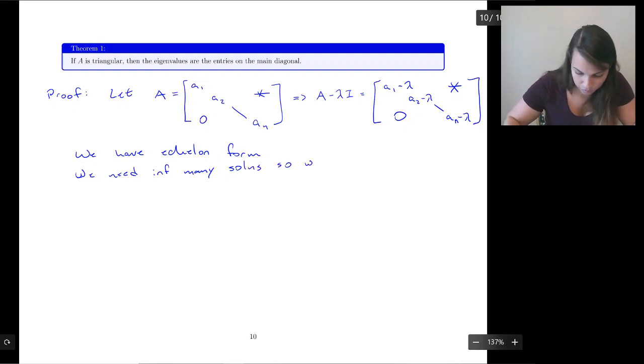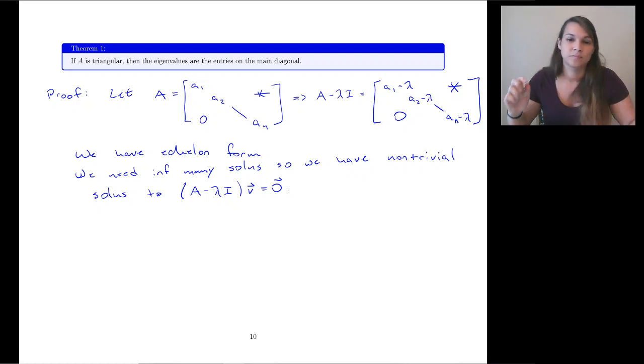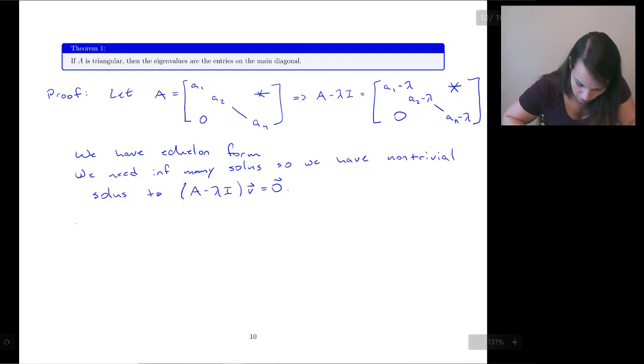So we have non-trivial solutions to A minus lambda I, V equals 0. Okay, we did discuss this earlier. So that means we need free variables.